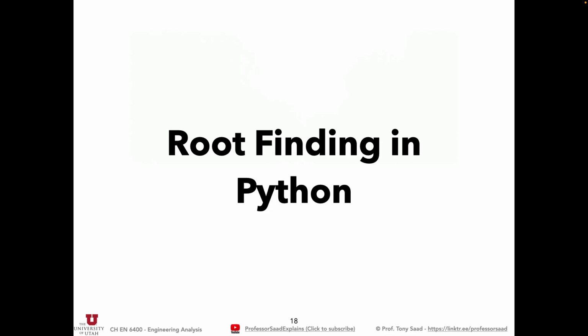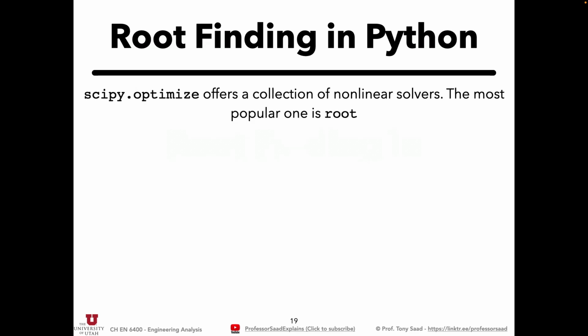So Python provides, like any useful code base such as MATLAB, built-in root solving routines, and they do. Python has a great routine coming from scipy.optimize. So now, what is scipy? They all end with pi, right, for Python.